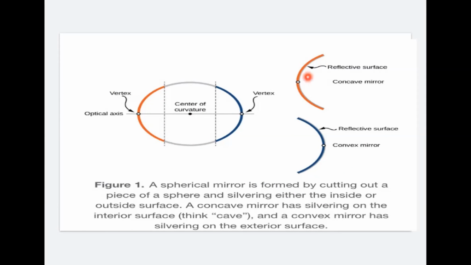And if the reflecting surface or shiny part is here, which is bulged inside, such a mirror would be called a concave mirror. Now, one thing that must be noted over here is that in case of a concave mirror, the silvering is on the interior, and in case of a convex mirror, it is on the exterior.